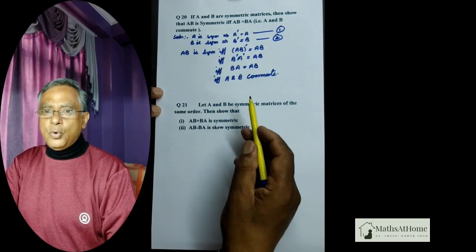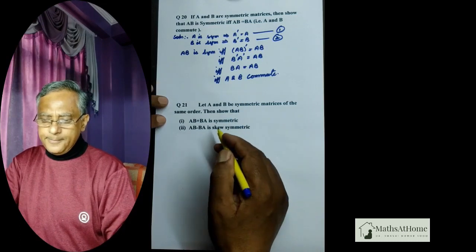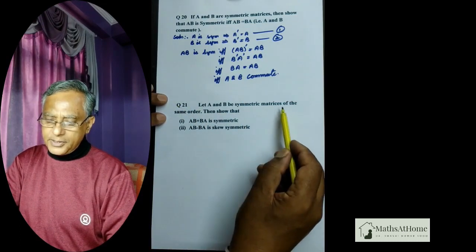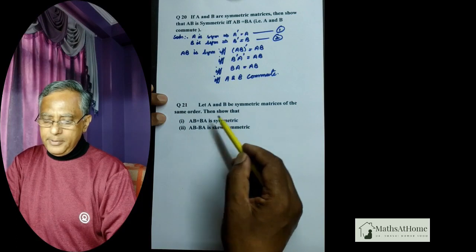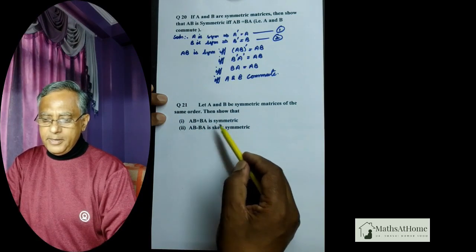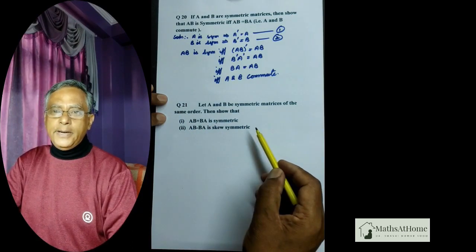Hence proved. Next question is, let A and B be symmetric matrices of the same order, then AB plus BA is symmetric, AB minus BA is skew symmetric.